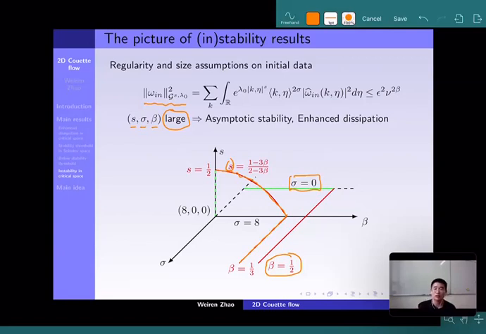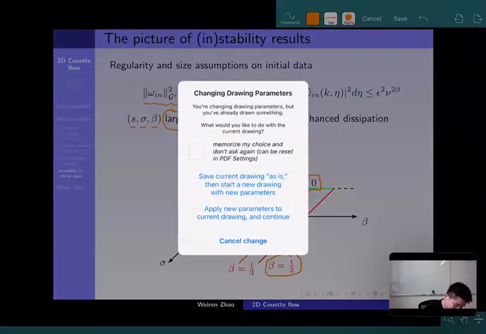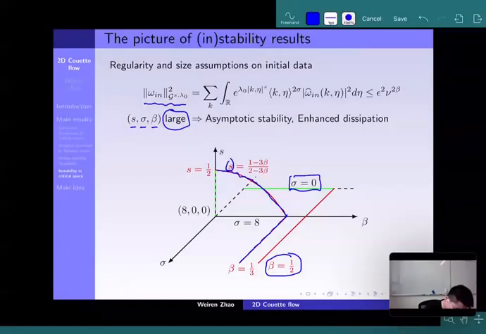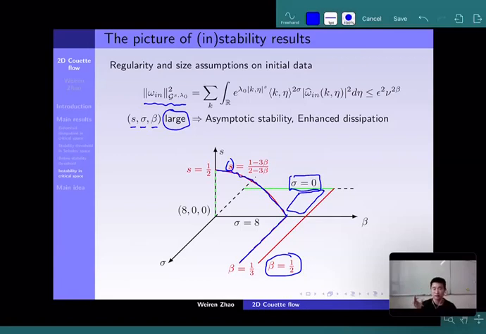and beta equals half is the optimal, right? Beta equal half is optimal. When beta is slightly smaller than half, you have some instability result. Okay, so you can see this gap, this area, where these two red lines connect to each other. This is open, and also this area.